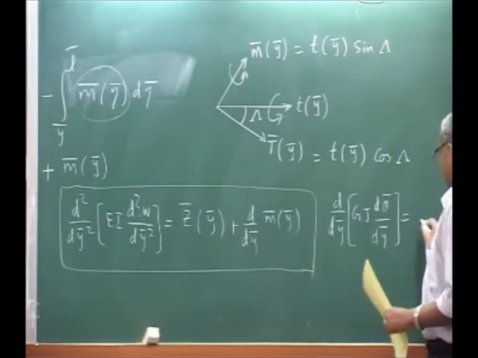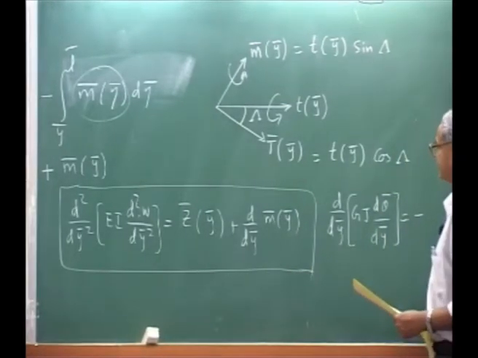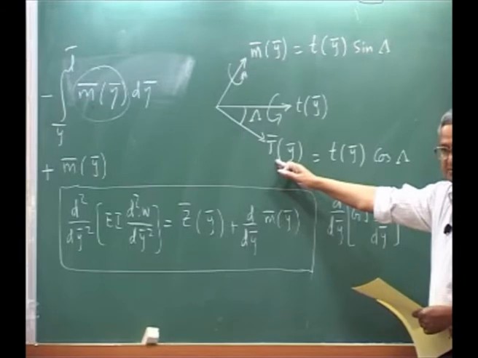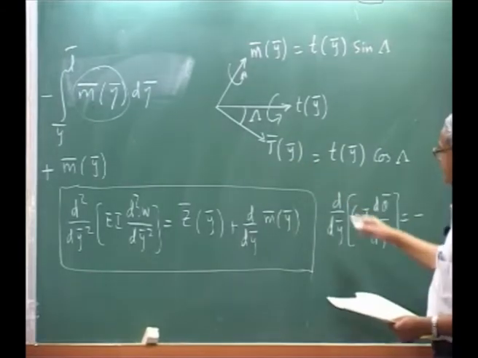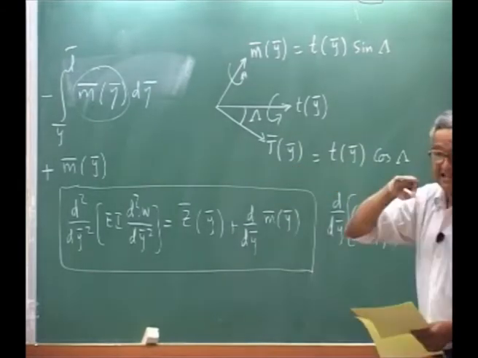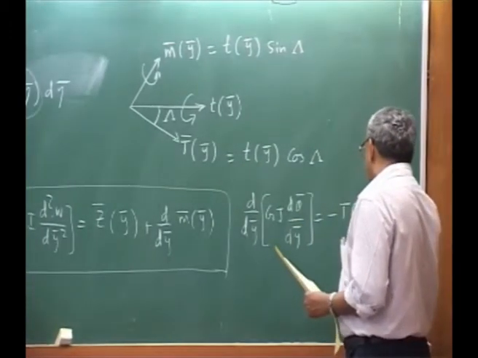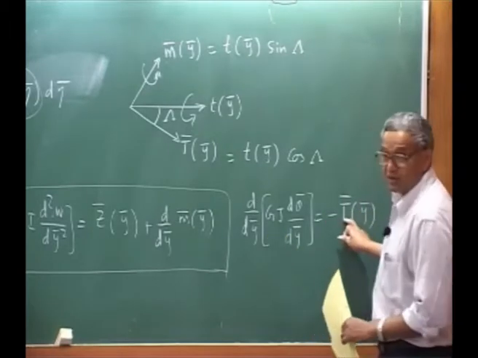equals twisting moment minus this term per unit length you will put. That is nothing but minus, I will put it t bar. Okay, this is per unit length.